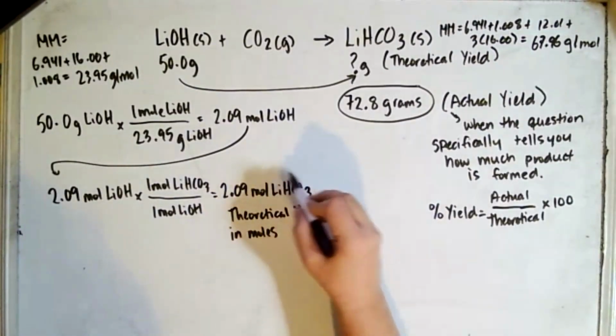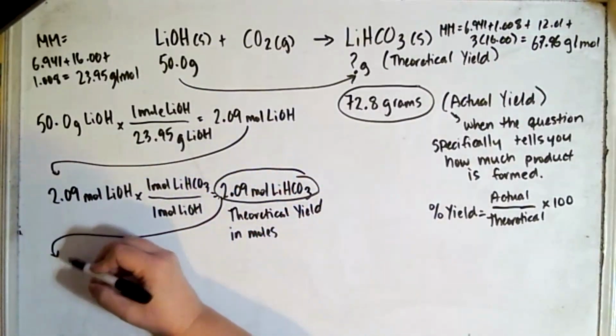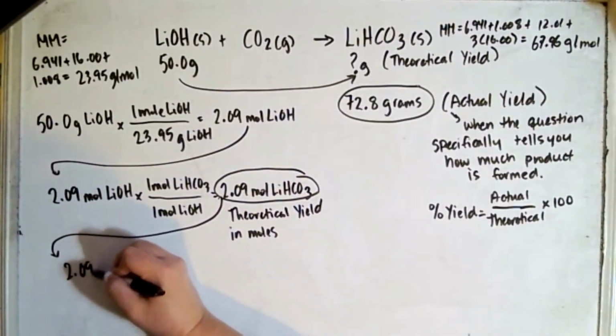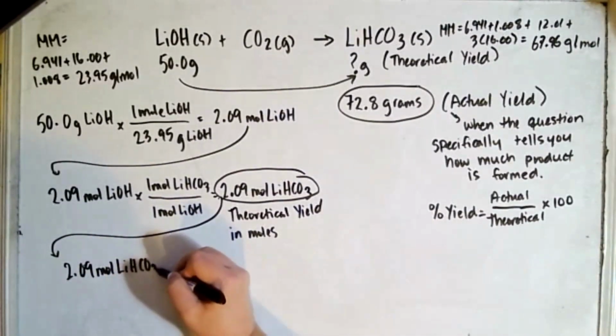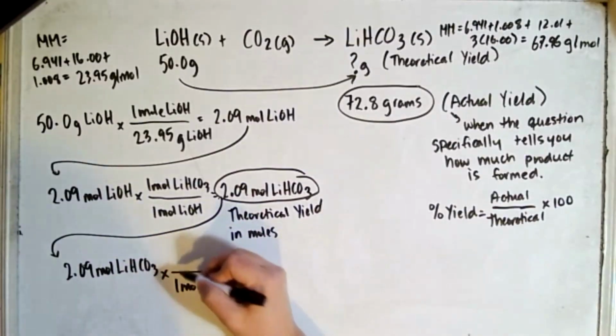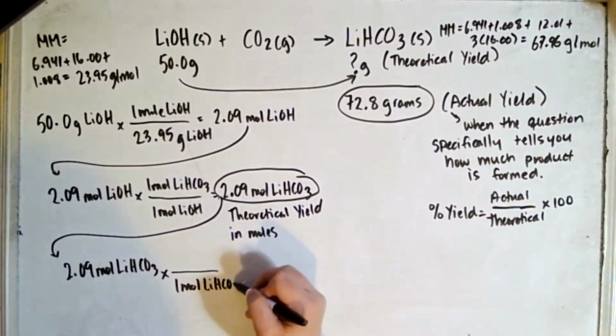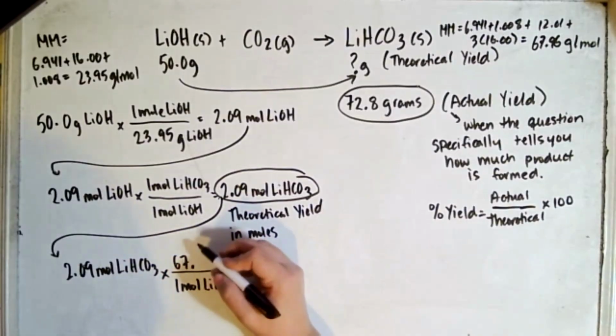Okay, so we're going to take our mole value here, and we'll say, all right, if I have 2.09 moles of LiHCO3, I know from the molar mass that every 1 mole is going to be 67.96 grams.